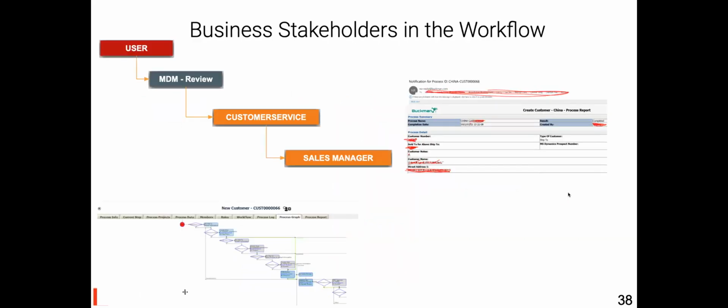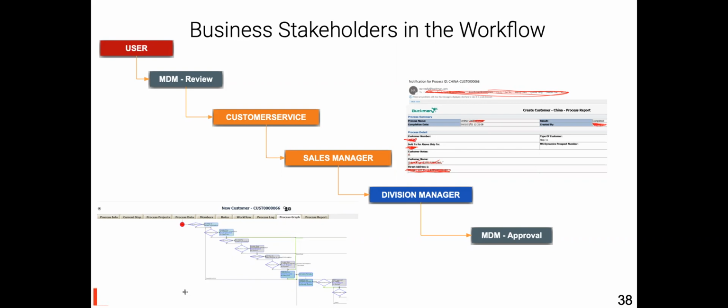Yeah. So if you look at the process, the requester can submit the request and immediately it will go to the MDM review, the master data management team. They will review. It can be a single person or a group of people who are responsible. They will review just to make sure that it's not a duplicate entry from other users as well.